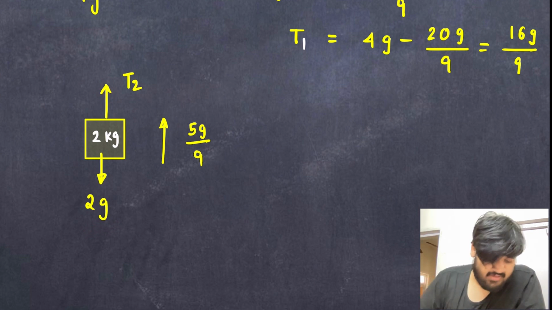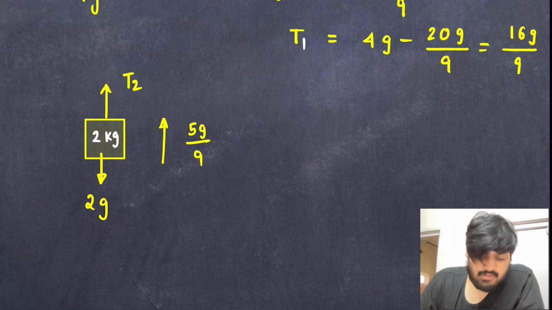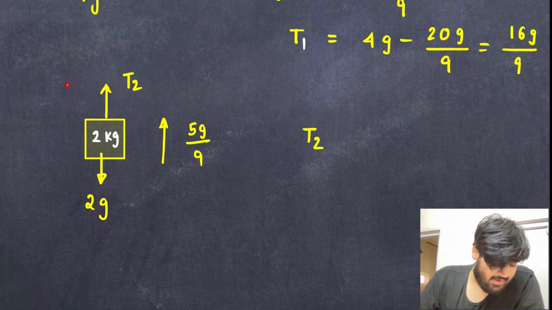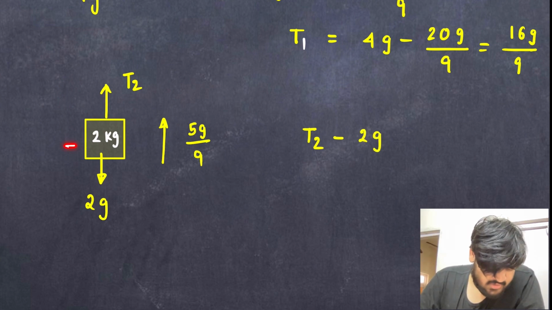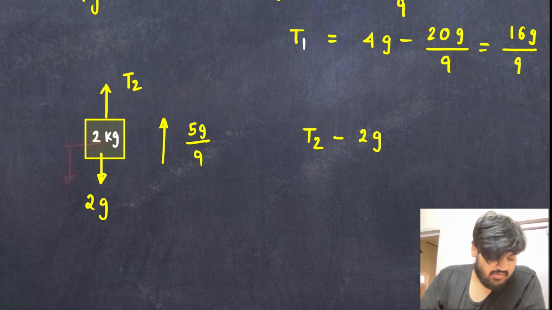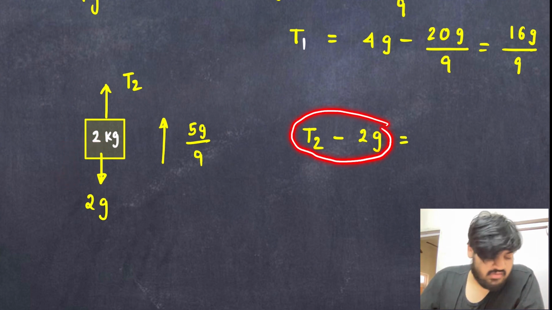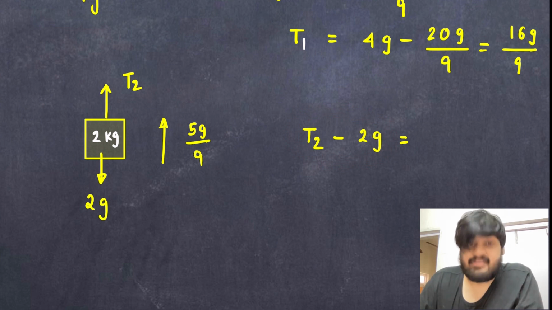So over here the equation of motion will be T2, which is acting upward and providing us the pulling force upward, minus 2g. 2g is trying to resist the motion, so minus 2g. This is nothing but the net force, so this will be equal to mass into acceleration.